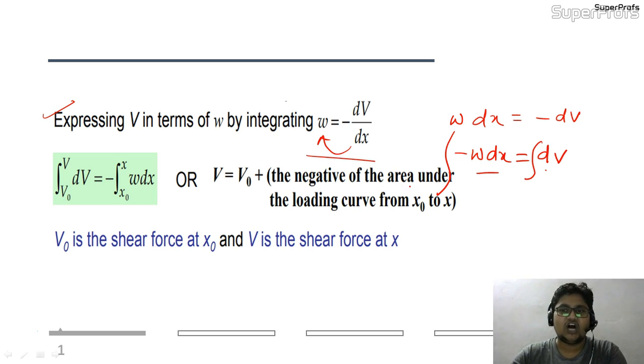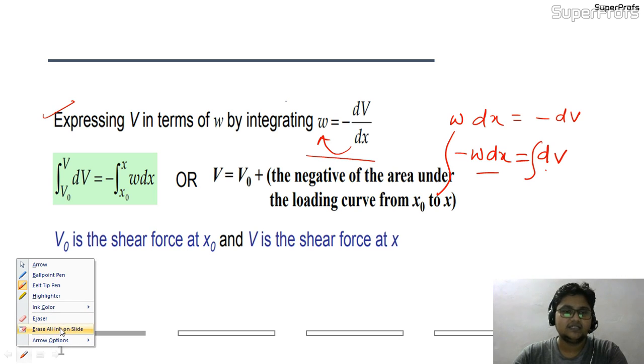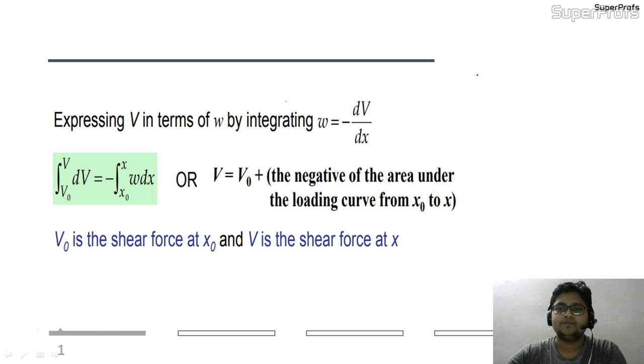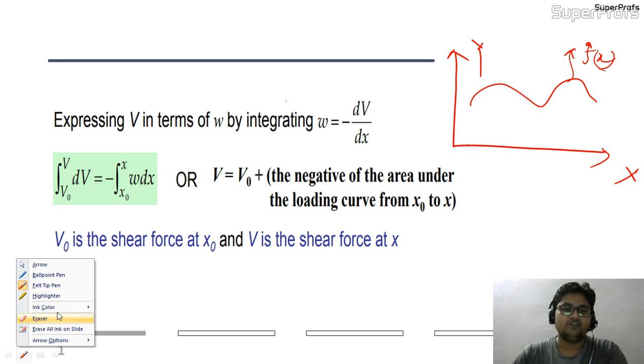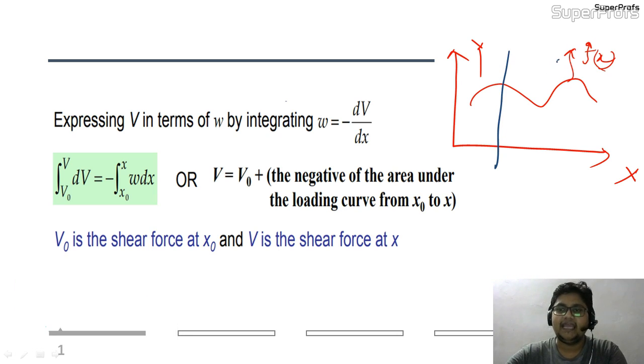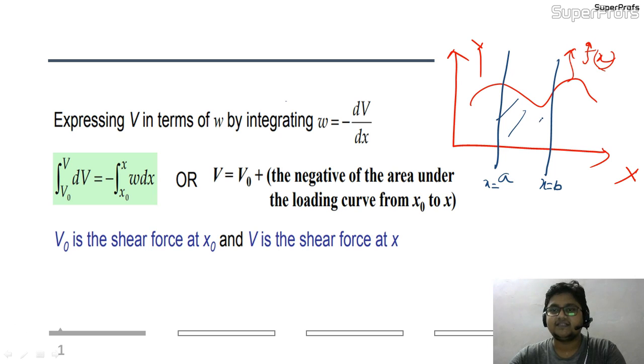Suppose I just want to recall you the concept of the calculus that we used to study here. Suppose this is my x-axis and this is my y-axis, and I have taken an arbitrary function. This is my f(x). Whenever you were asked to find out the area of this curve between point A and point B, suppose this is x equal to A and this is x equal to B, we have to find the area of this shaded region.